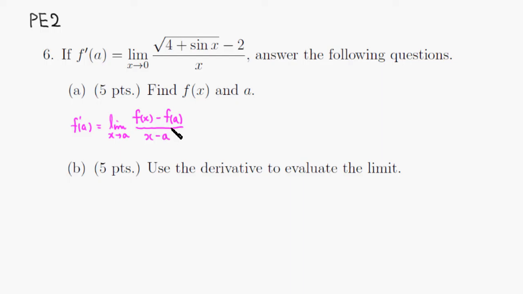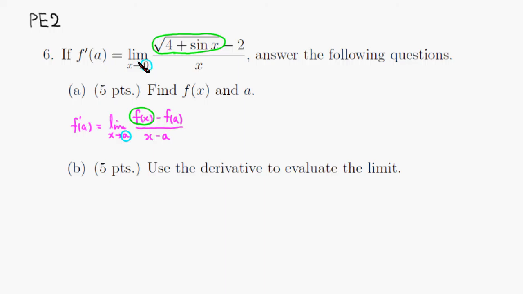So we compare. You can see that this is gotta be f of x right there, and if you're looking for a, you can see that a shows up right here. So it's gotta be that guy.